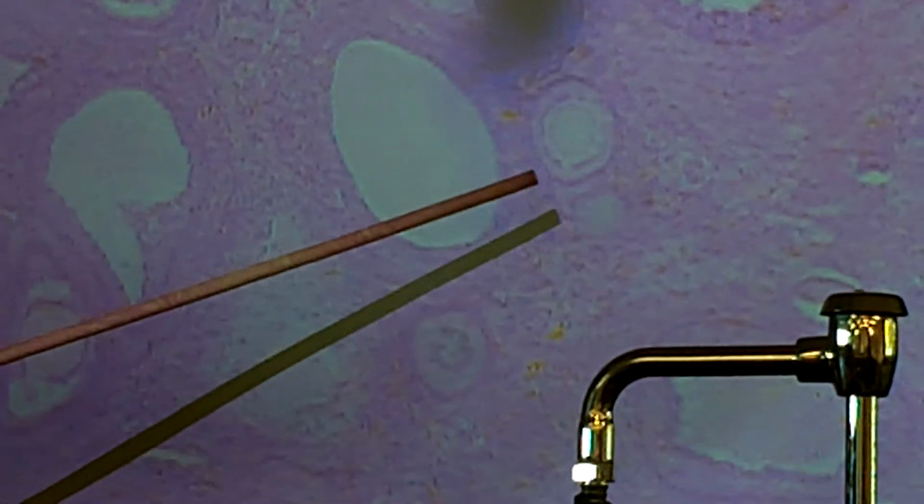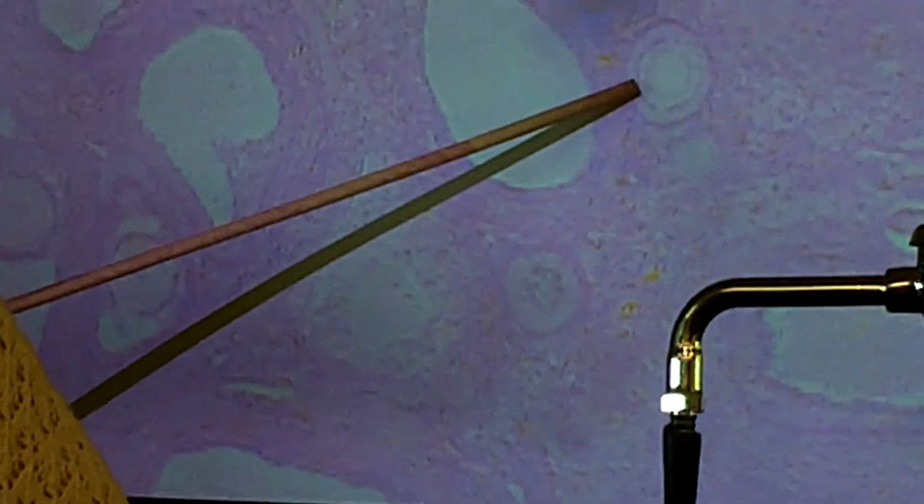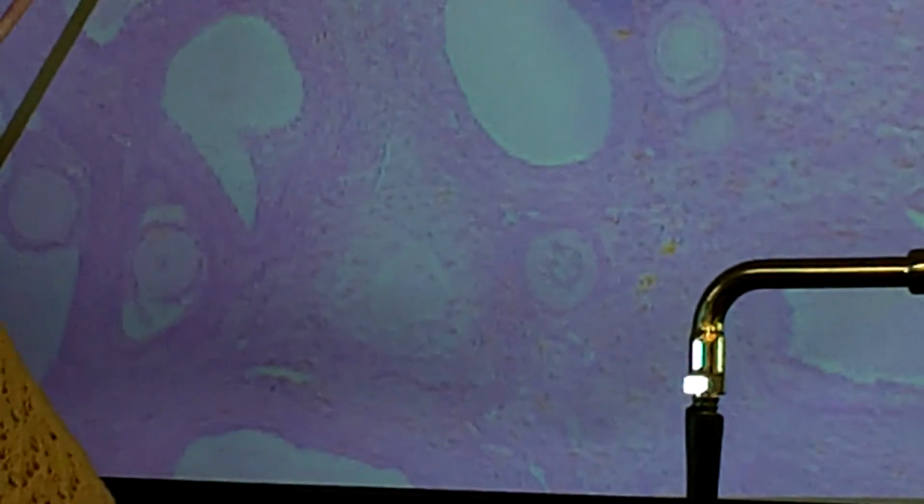Let's see if there's any other beauties. This one's probably primary, but maybe just a little bit of an antrum starting, so maybe very early secondary. There we go, that's pretty good. Primary right there. But you get the idea, right?